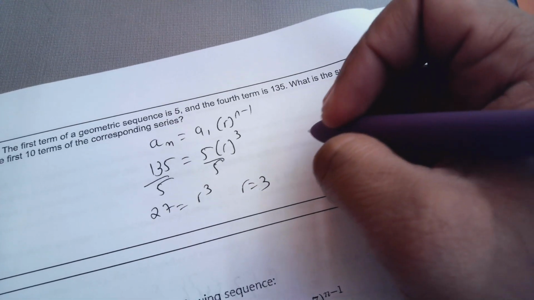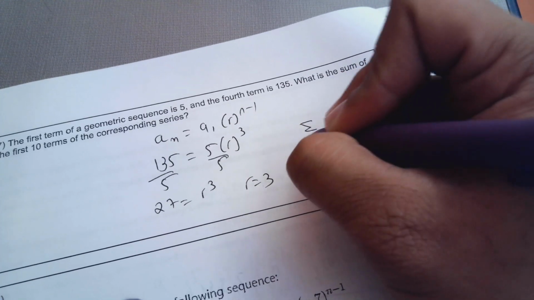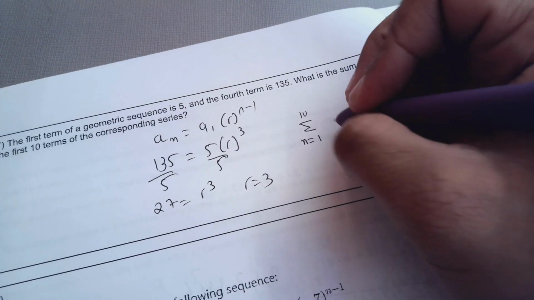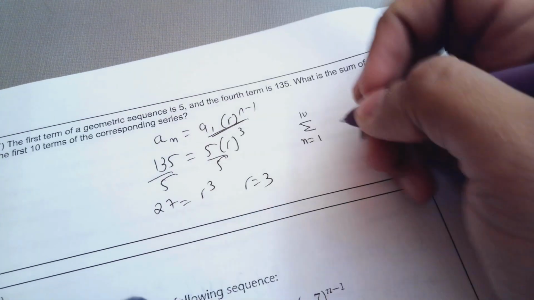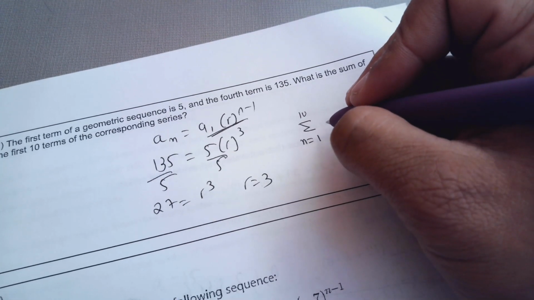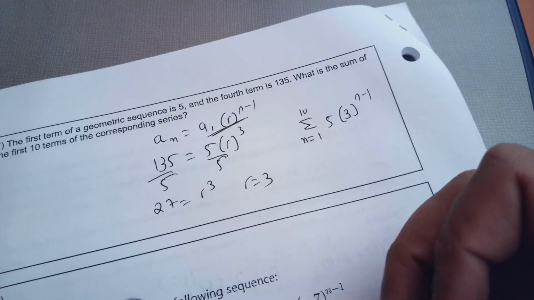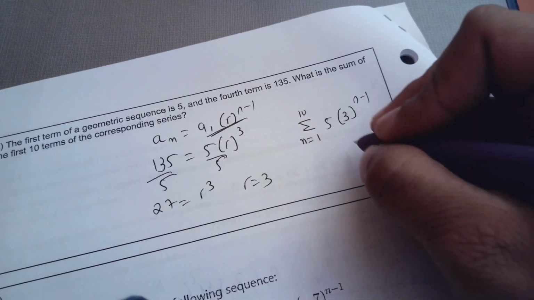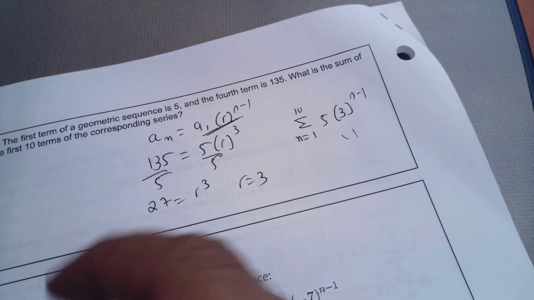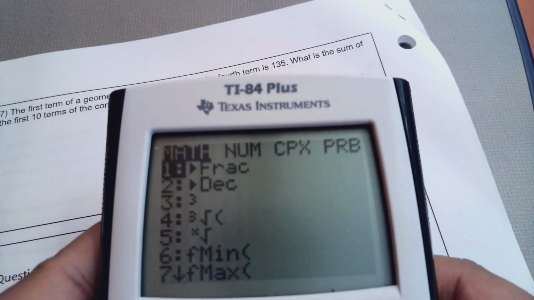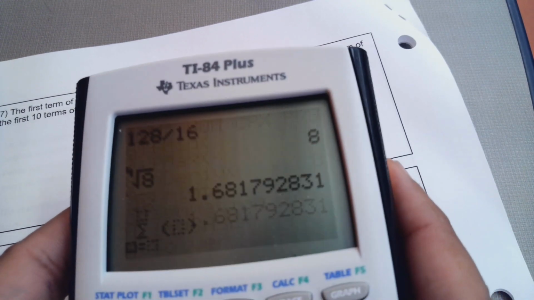Now, how do you find the sum? Well, the sum of the first 10, n equals 1 to 10 of your first term, which is 5, times the ratio, which is 3, to the power of n minus 1. That's it. Now you plug it into your calculator. Here's how. Go to math, all the way down, use the summation.